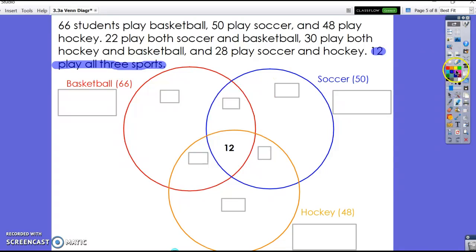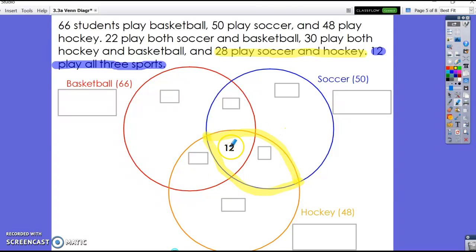All right, well, looking at our problem, they also say that 28 play soccer and hockey. So if I'm looking at my circle, well, here's my soccer circle, and here's my hockey circle. So this kind of seed-shaped area, right? This is where my soccer and hockey overlap.